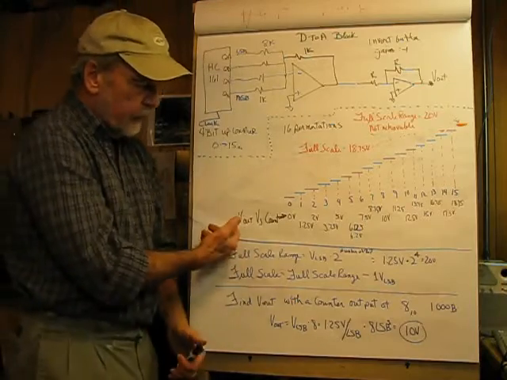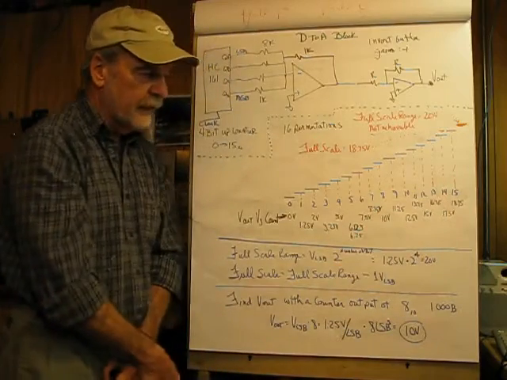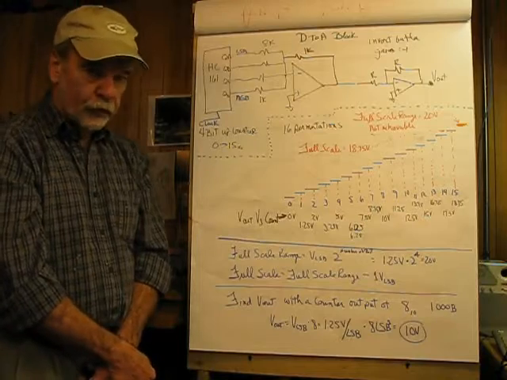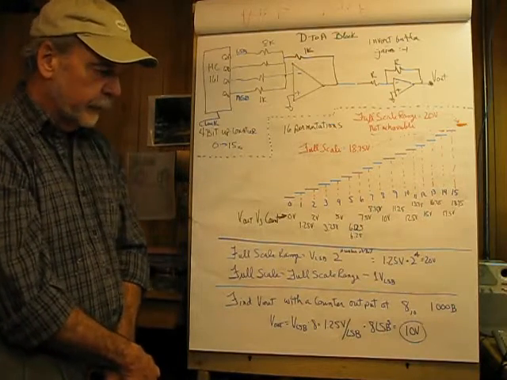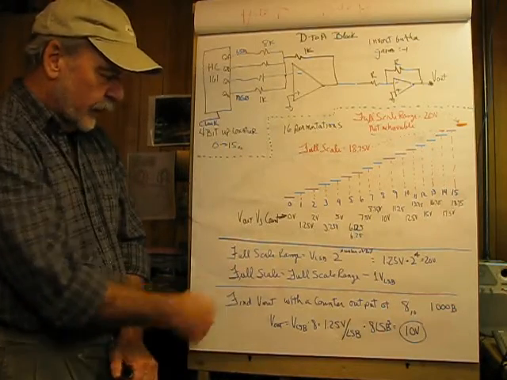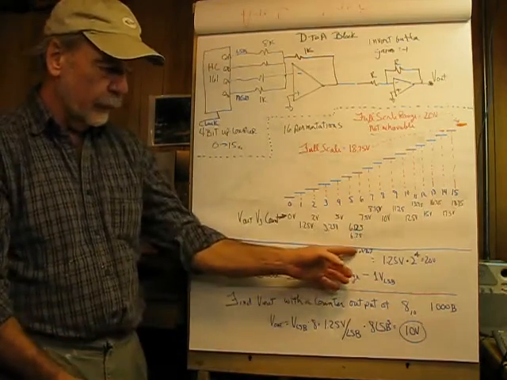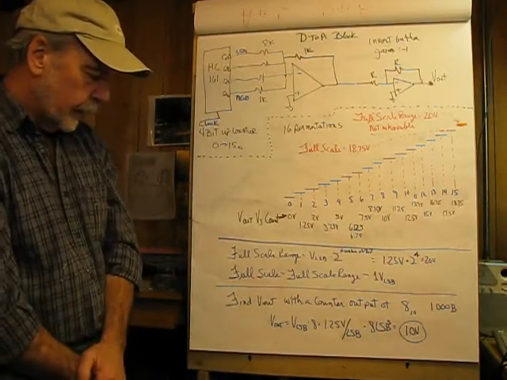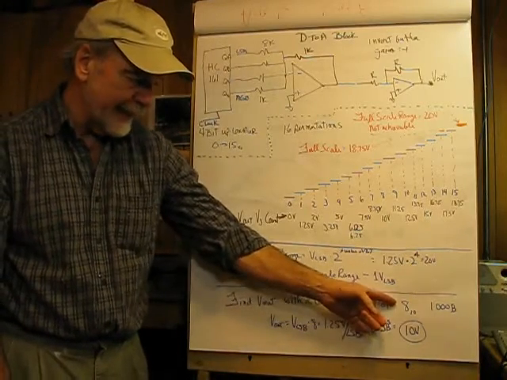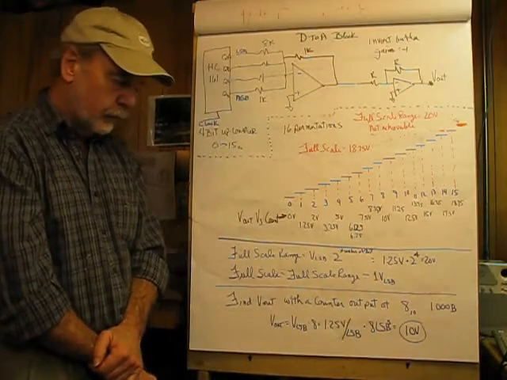So what we see is V out as the count moves up from 0 to a maximum of 18.75, and that's 4 bits. Typically isn't very useful in anything, but it's a good starting point. So just some language down here. Full scale range is VLSB times 2 raised to the number of bits. Find V out with a counter output of 8 base 10, and in binary that would be 1000.